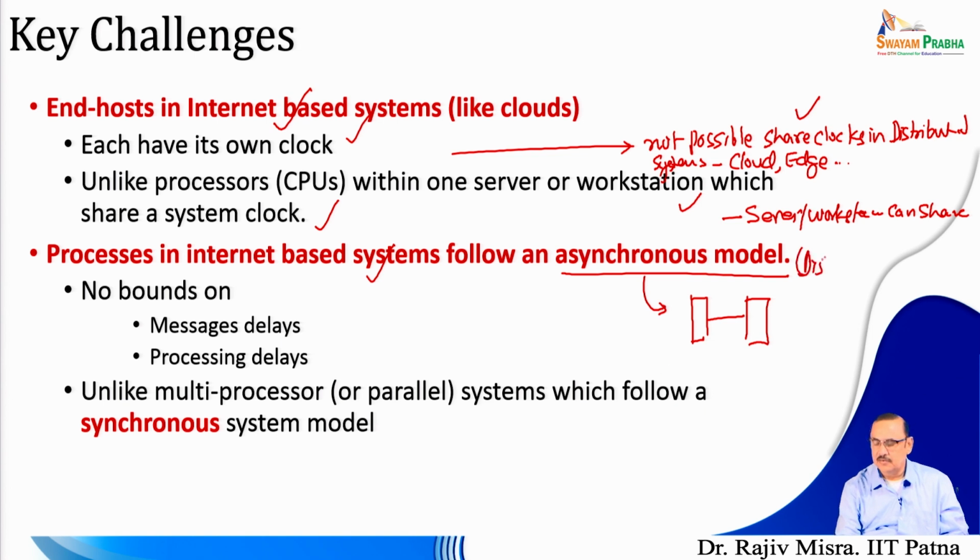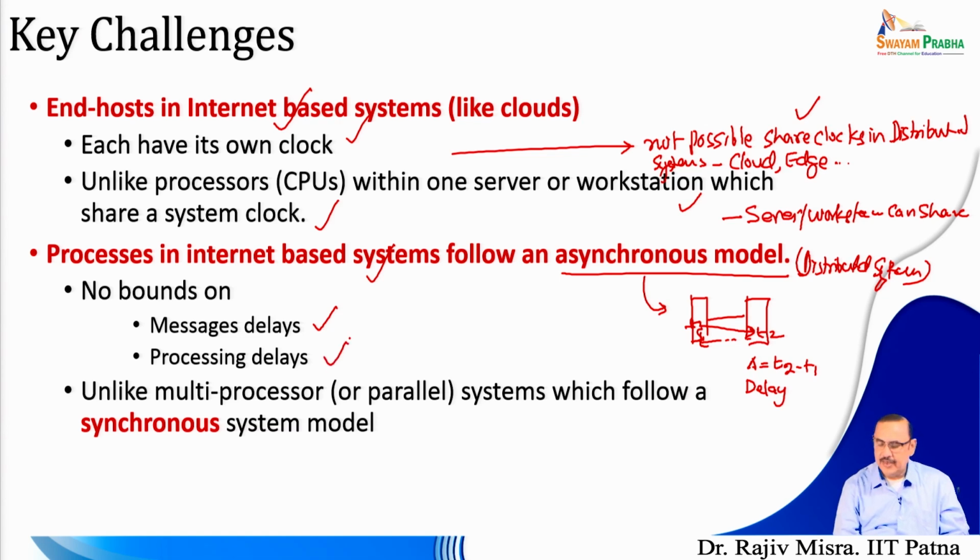The asynchronous model says that the messages being communicated have a delay. That means, when a message is sent at time t1, it will be received at time t2. So, there is a difference, t2 minus t1. This is called the message delay.